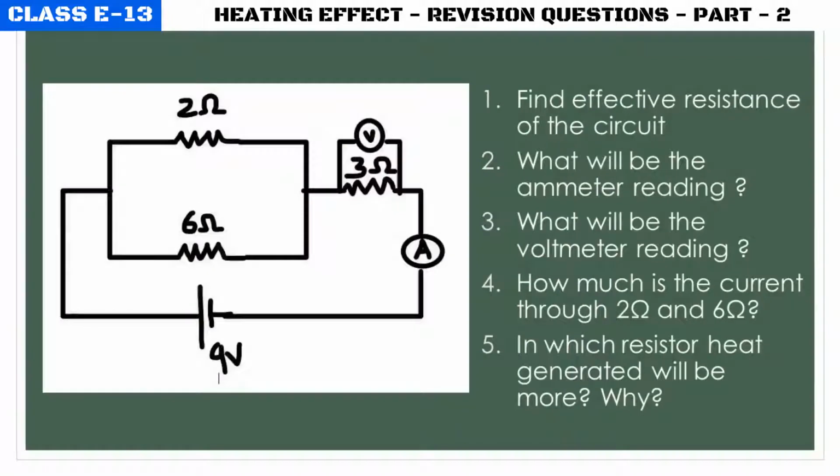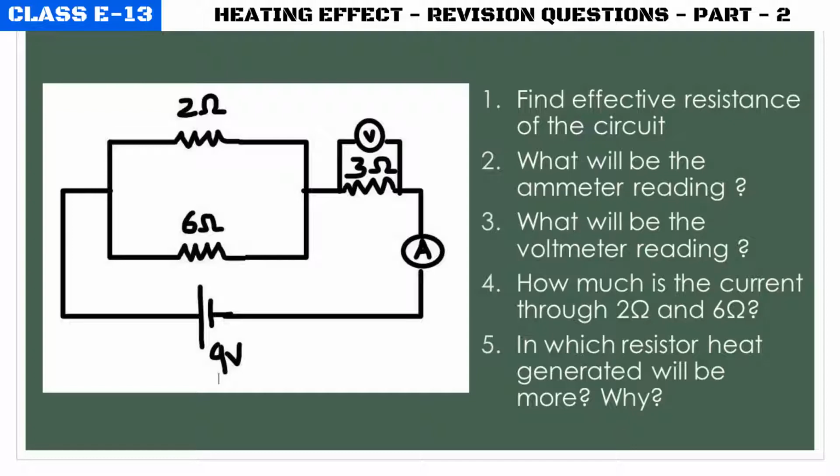This is the question. There are three resistors, 2 ohm, 3 ohm and 6 ohm, connected as given in the figure, and there is one voltmeter across the 3 ohm and an ammeter in the circuit. We have to answer the questions. First, find the effective resistance of the circuit.